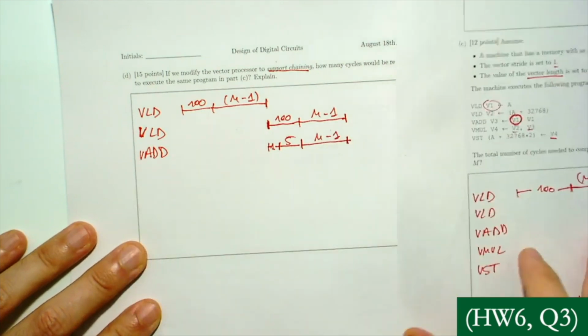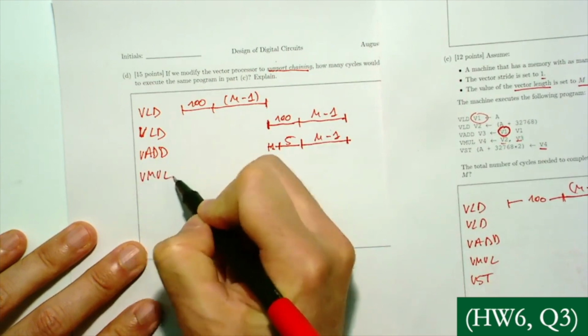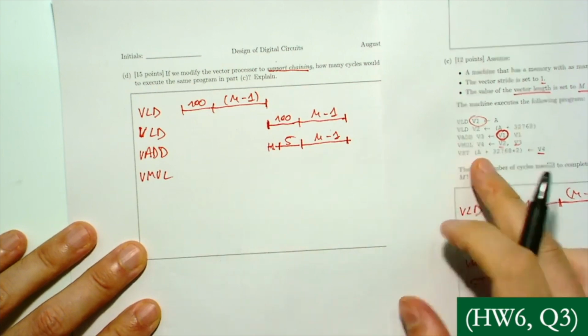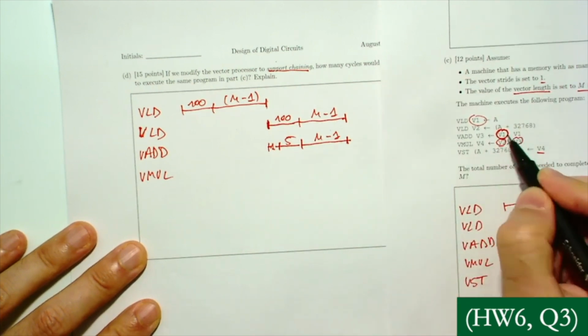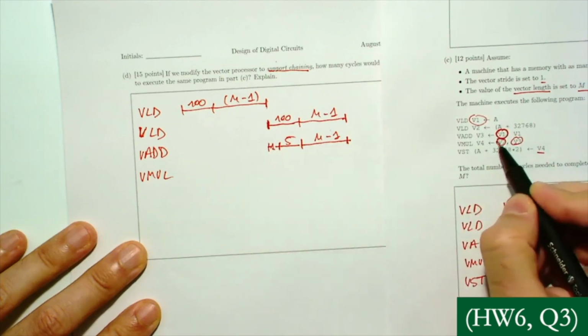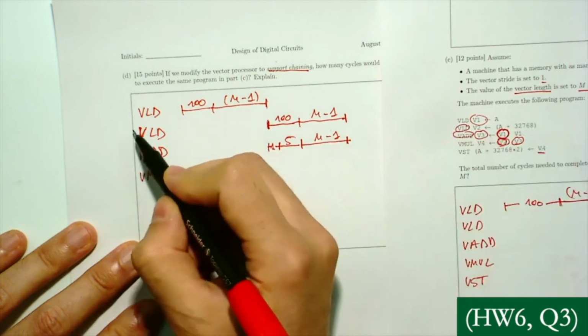The next instruction is the multiplication. The multiplication depends on B2 and B3, so it depends on the add and on these two instructions.